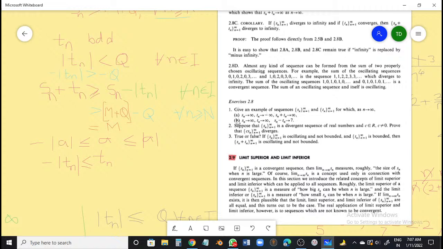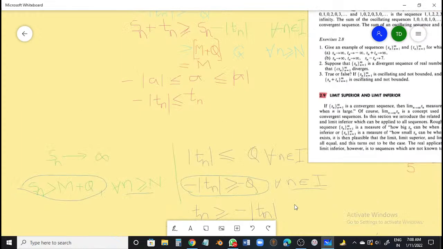Sn diverges to infinity, Tn diverges to minus infinity, still Sn plus Tn diverges to infinity. So here are two cases we have to deal with.